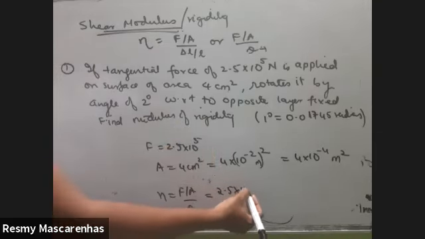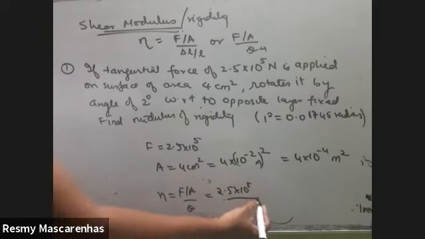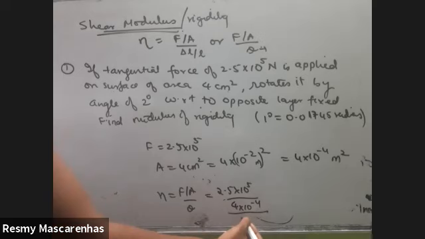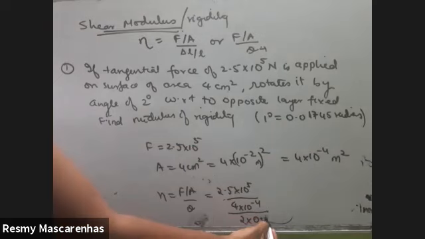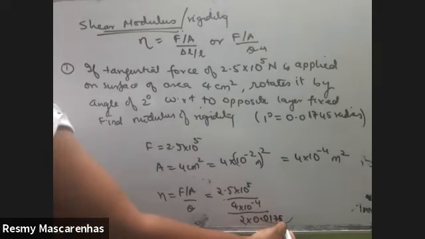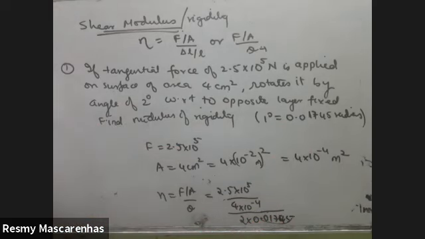So force is 2.5 into 10 raised to 5, upon area, upon theta, which is 2 degree into radians. Then it just reverses.